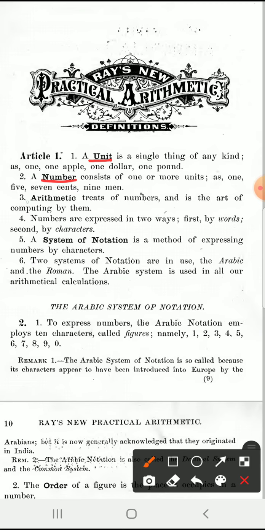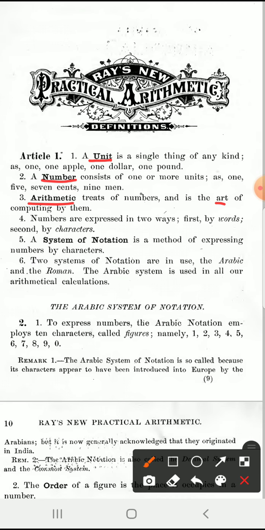Next, arithmetic. Arithmetic treats of numbers and is the art of computing by them.